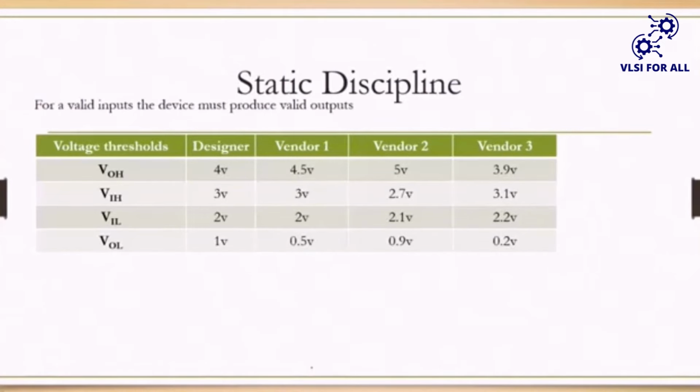Now, it is an assignment for you. We have given you designer values. Now, there are three vendors, vendor 1, vendor 2, vendor 3, and you take a paper and pen, and please suggest through which vendor I can go. I am the designer. You please guide me, team. Take pen and paper.